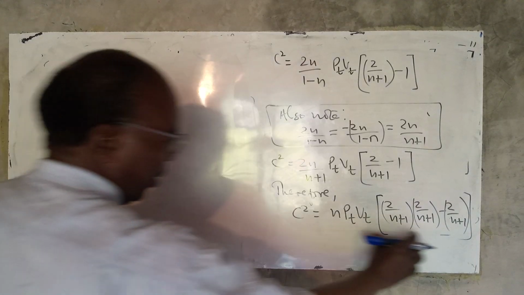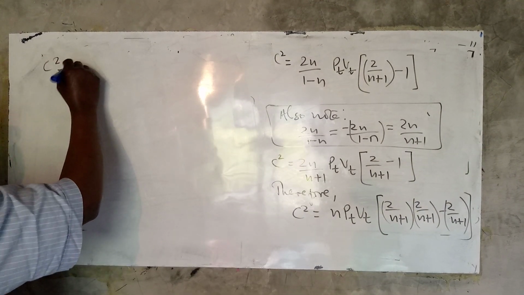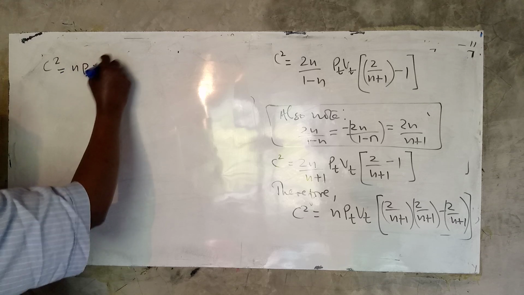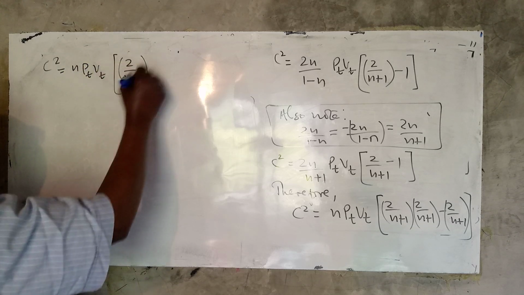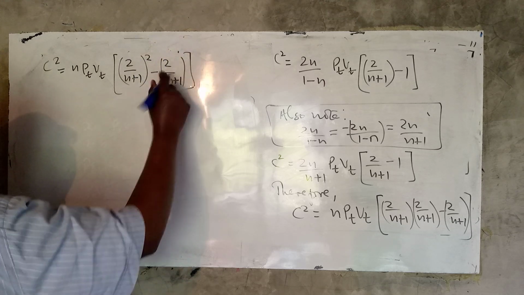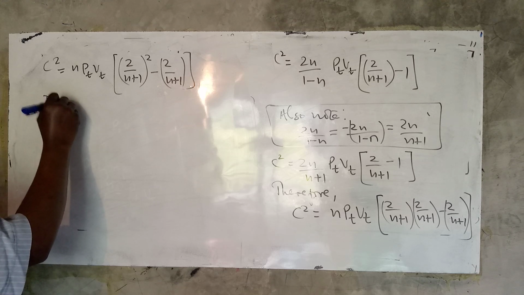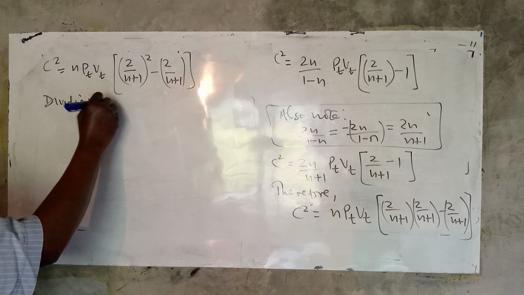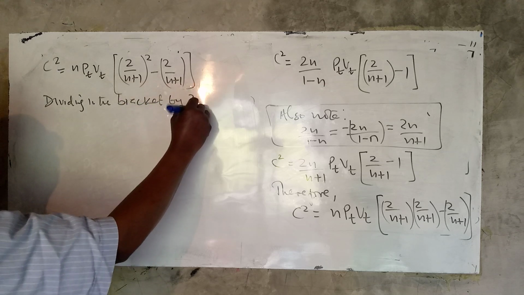And so what do we have here? We have c squared is equal to n pt vt into 2 over n plus 1 squared minus 2 over n plus 1. We can simplify this by dividing the bracket by 2 over n plus 1.